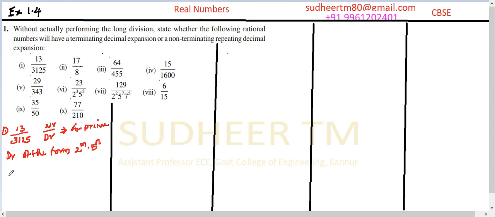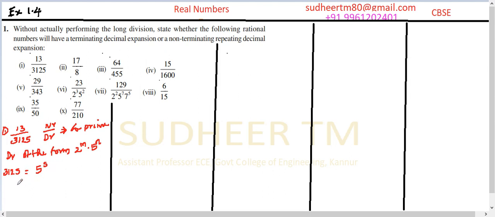Now let us check 13 divided by 3125. Let's find the factors of 3125. 3125 is equal to 5 raised to 5.